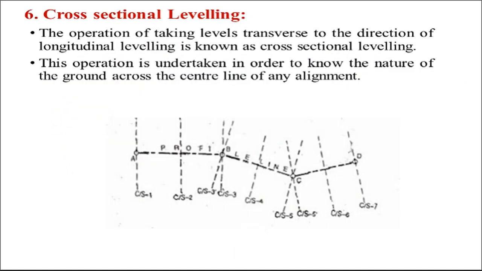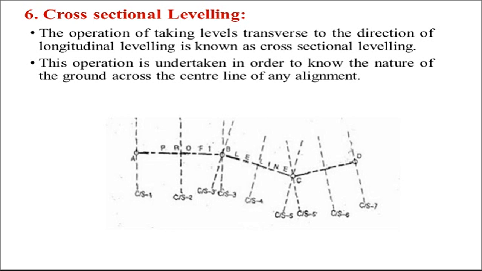Next one, cross sectioning. The operation of taking levels transverse to the direction of longitudinal leveling is known as cross-sectional leveling. This operation is undertaken in order to know the nature of the ground across the center line of any alignment.